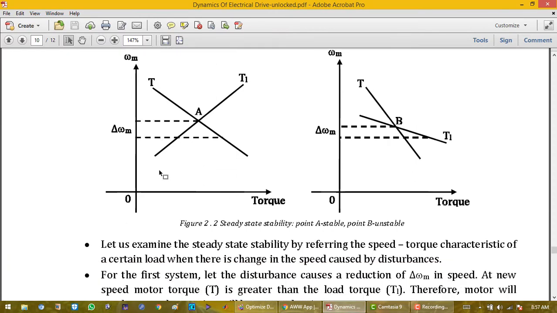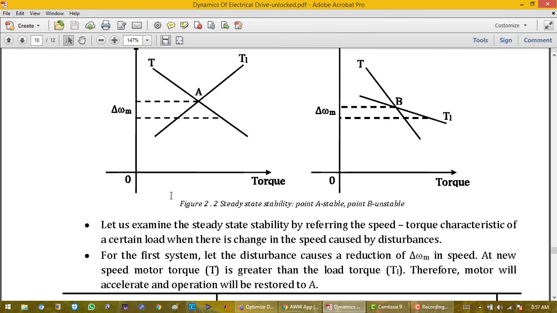If the speed is reduced, you see that in this particular condition the motor torque is in this position, whereas the load torque is in this position. So the motor torque is greater than the load torque. If motor torque is greater than load torque, what will happen?